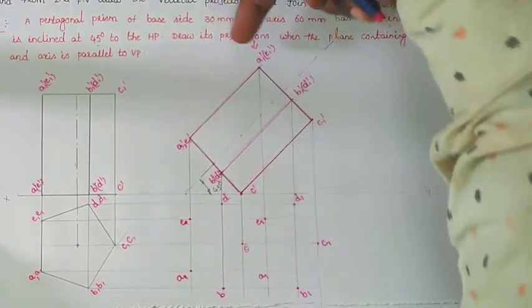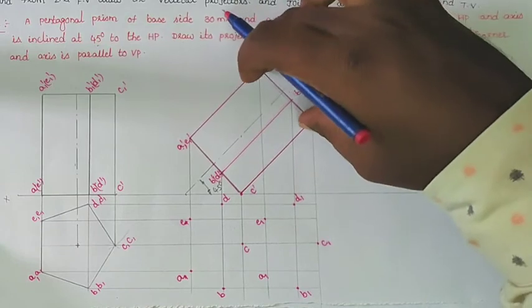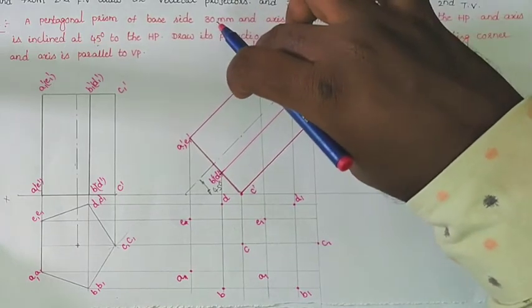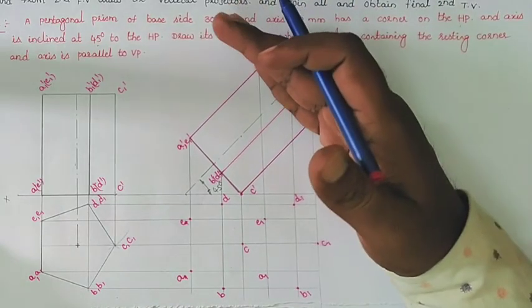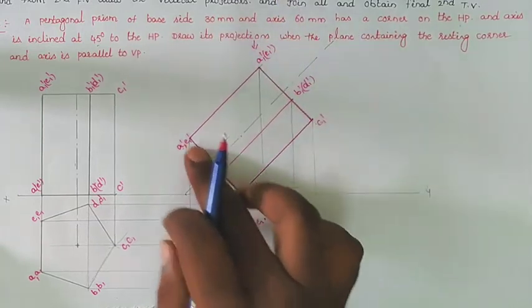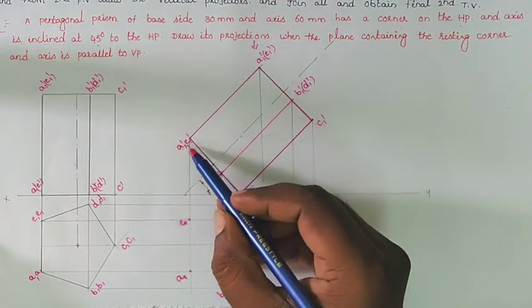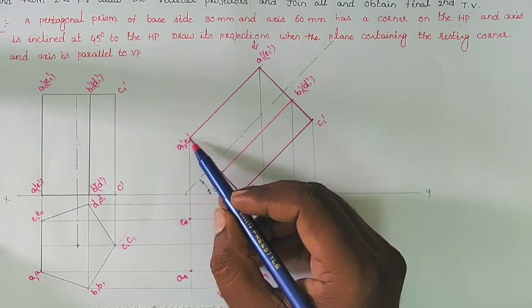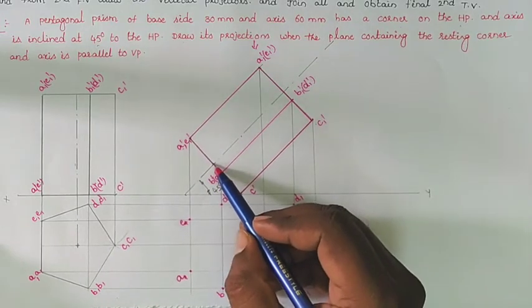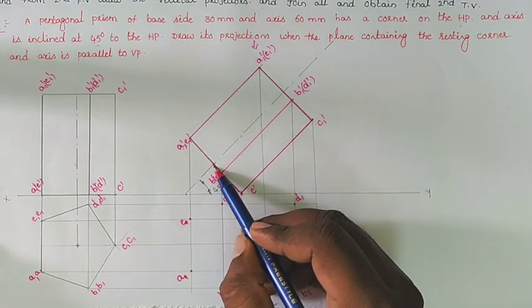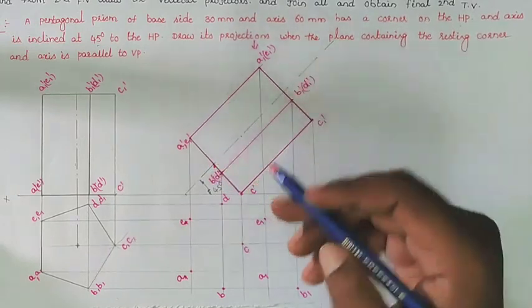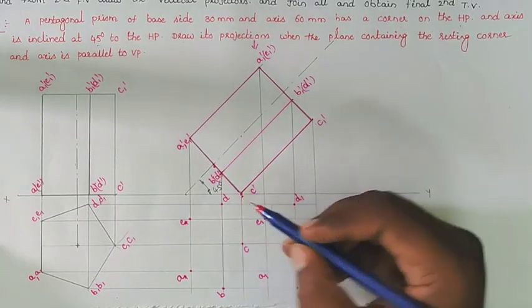When you see the object from the second top view, this whole base will be clearly visible, but in the bottom base, only from this corner to this center will be visible. So this C dash is invisible here.